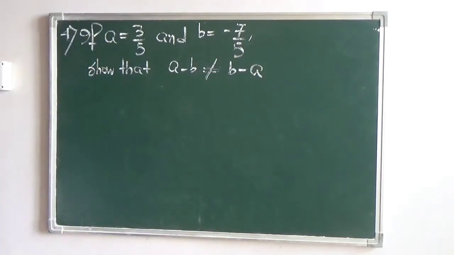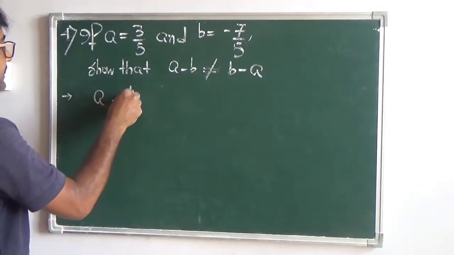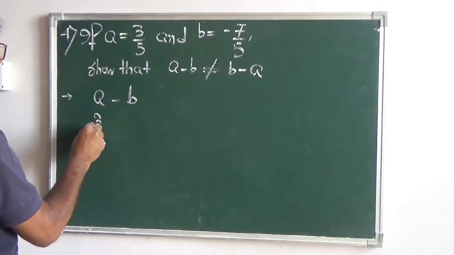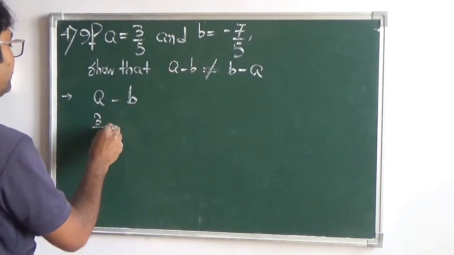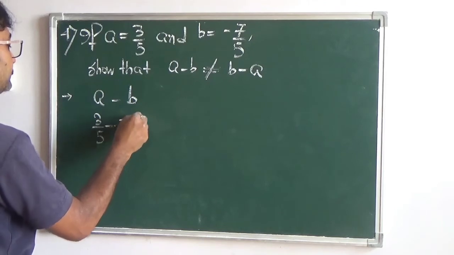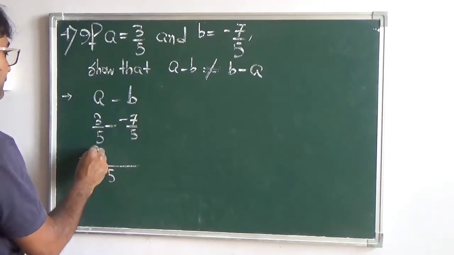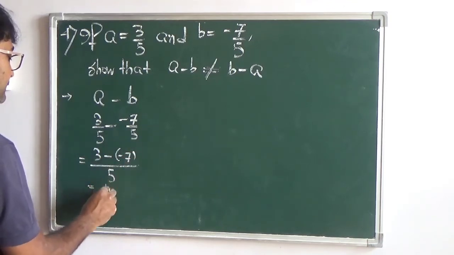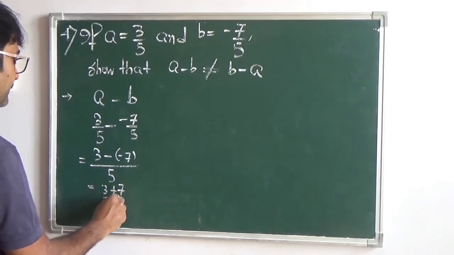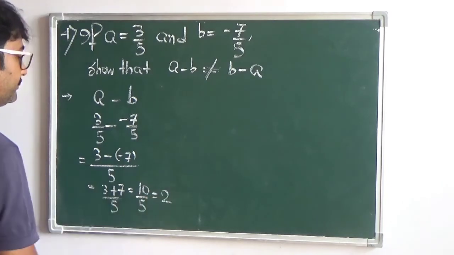So let us check one by one. First one is a minus b. a is 3 by 5 minus of minus 7 by 5. So the LCM is 5. This is 3 minus of minus 7. So this is 3 plus 7 by 5, and that equals 10 by 5, and that comes to 2.